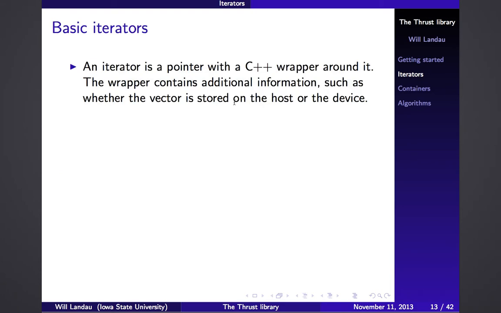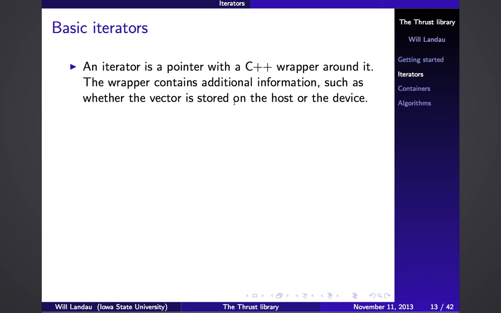An iterator is a wrapper around a C++ or C pointer, along with that pointer. That wrapper isn't just some trivial syntactic sugar, though. It contains some important information, like where your vector is stored.